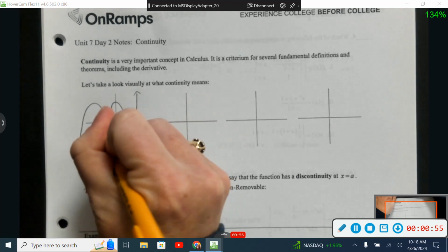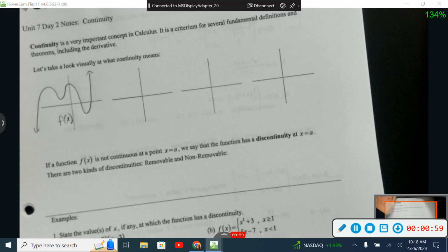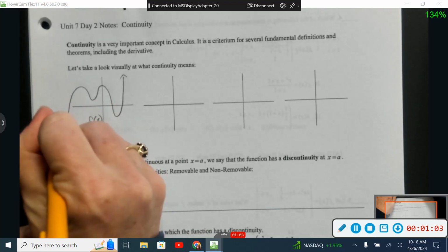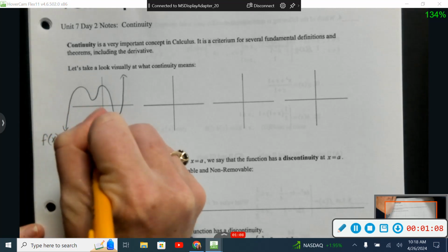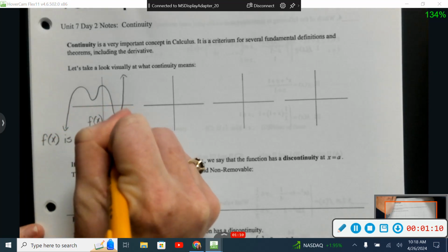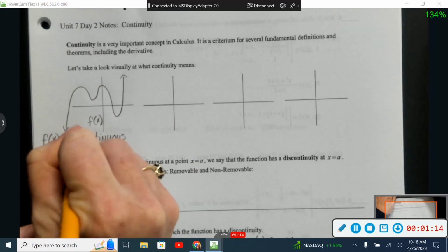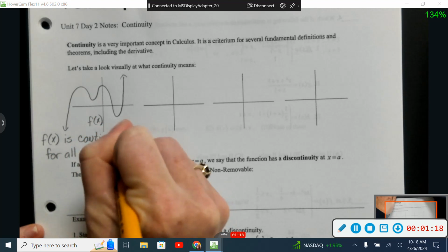I'm going to call this graph f of x so that I have something to talk about, and I'm going to say that f of x is continuous for all values of x.